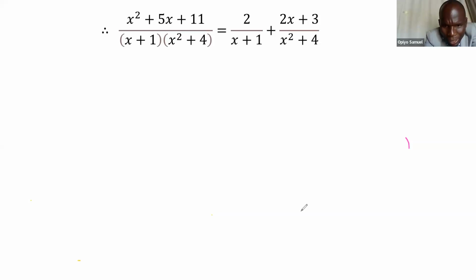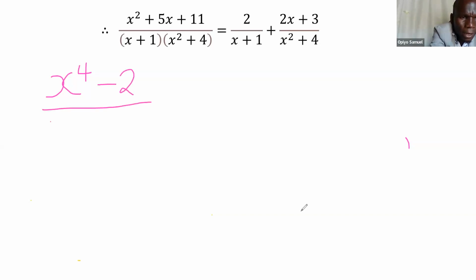What we are saying is, if we have a fraction which is improper, maybe I have x to the power 4 minus 2 over x plus 1 times x minus 3, something like this.